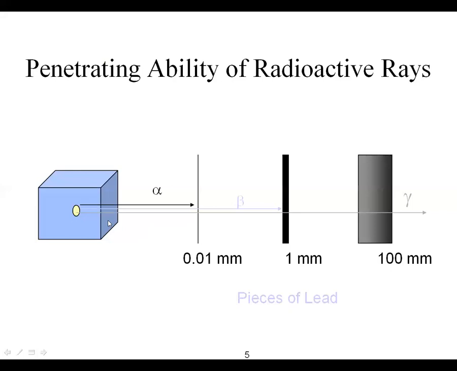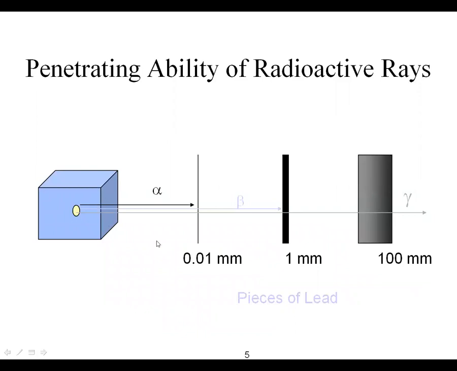Because of the type of particles that are coming off, it requires different levels of protection. As you can see, if you're dealing with something that's a gamma emitter, you need a lot of protection, like some lead and maybe some shields and all kinds of stuff. While if it's something like an alpha emitter, perhaps you don't need as much personal protective equipment while you're working with it.